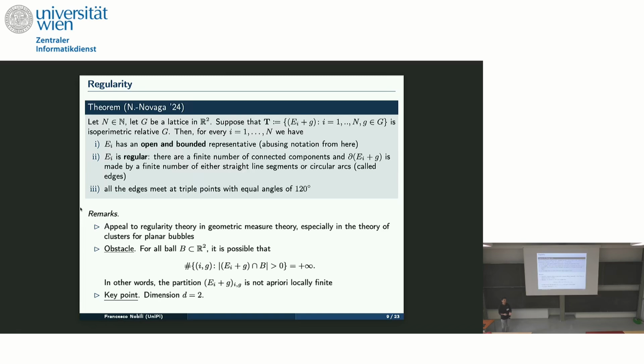In particular, you cannot directly apply the regularity theory for cluster minimizers. However, in dimension 2 the isoperimetric tiling actually turns out to be locally finite, and then you can apply this regularity theory. This is essentially how you bridge towards something that is known.